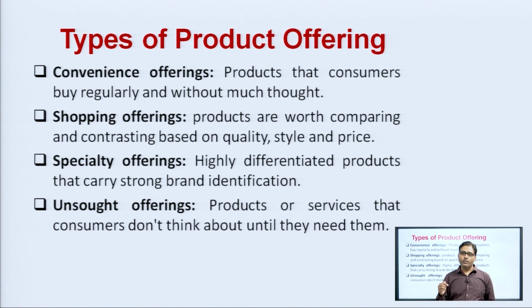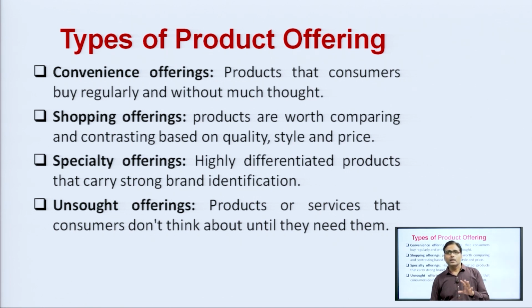Then, if at some point you require some offerings, some things that is now your need, and for satisfying your need you are going to buy those goods, then these types of offerings are unsought offerings.